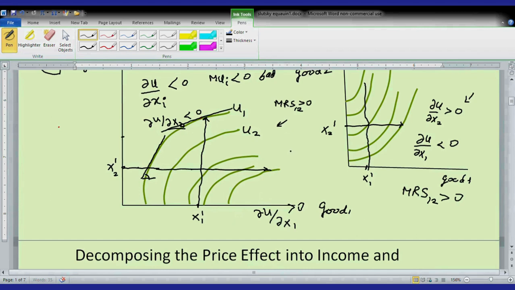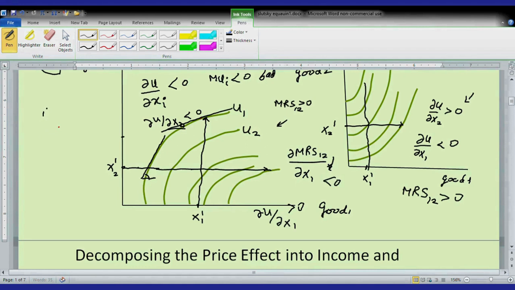So I could write this derivative, the marginal rate of substitution between 1 and 2 divided by ∂x1, and because it is decreasing, when good 1 increases, the marginal rate of substitution decreases. So this means that this is less than 0, and so we have the following condition.